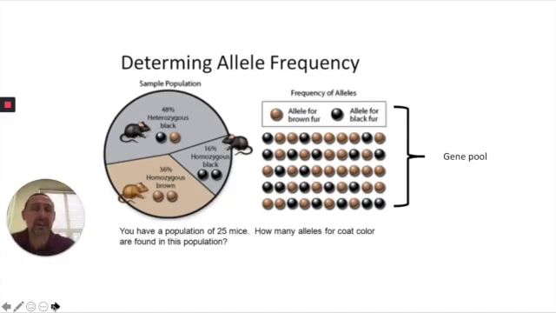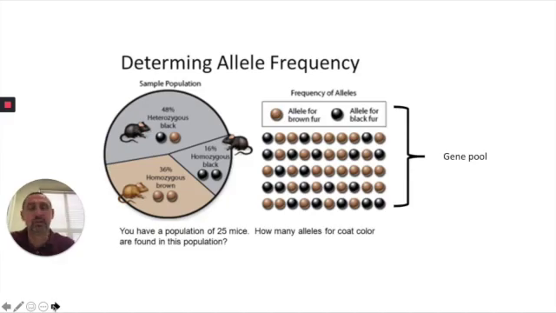Because the mice that are carrying the brown alleles are going to be eliminated. Either the predator gets them or the disease or whatever it is. If it is more advantageous to have the brown alleles, then the black ones will start getting eliminated from the gene pool. That is, as the black mice are dying and not reproducing, the brown mice are passing on their genes and the frequency of the brown allele begins to increase. And that's the idea of natural selection.